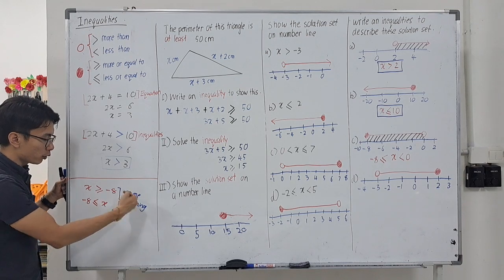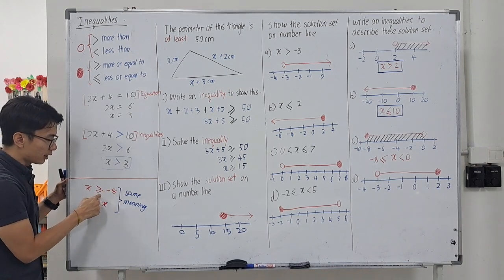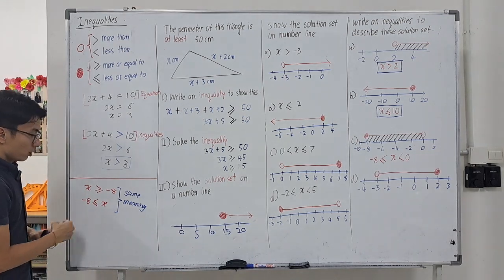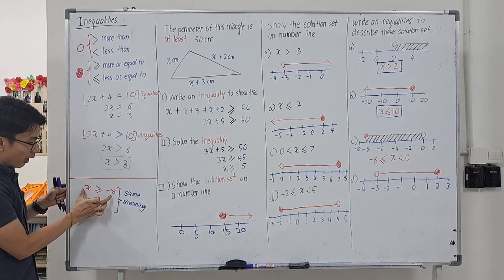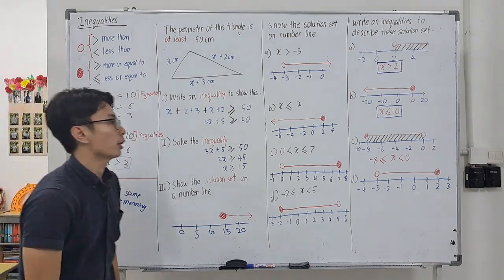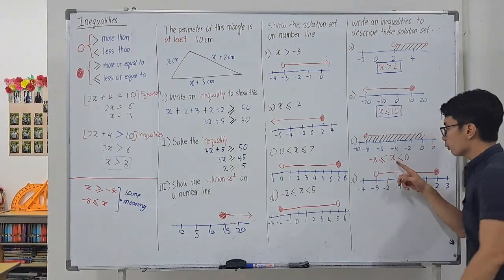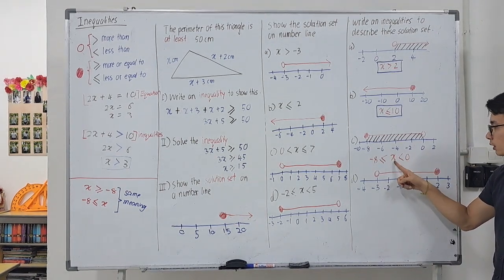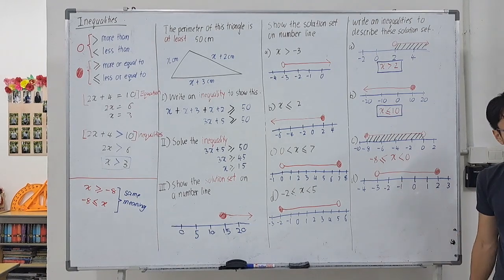If you read from right to left, it's -8 is less or equals to X. That's how you read it. Okay? So I hope that you can see, basically what happened here and here is just you flip each other only. So how we read this is X is less than 0. But at the same time, X is more or equals to -8.